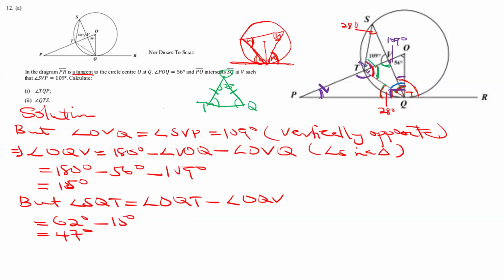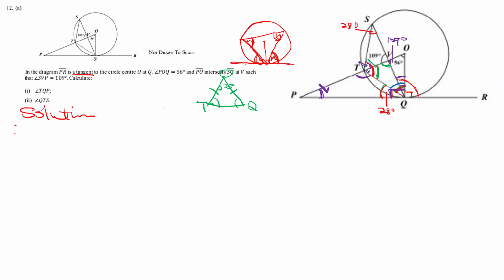So once you know this angle, let me squeeze it here. I'm going to write the angle that we are looking for, which is angle QTS. Angle QTS will be equal to 180 degrees minus, looking at that interior angle, this angle up here, which is angle TSQ, then minus what?